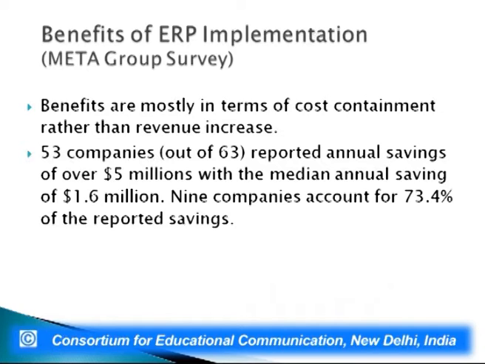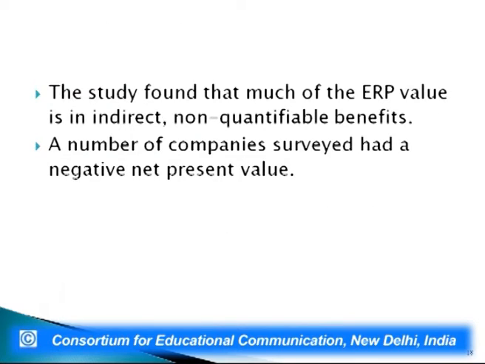Imagine, this is the survey which has been done by the Meta Group. The study found that much of the ERP value is in indirect, non-quantifiable benefits. A number of companies surveyed had a negative net present value.